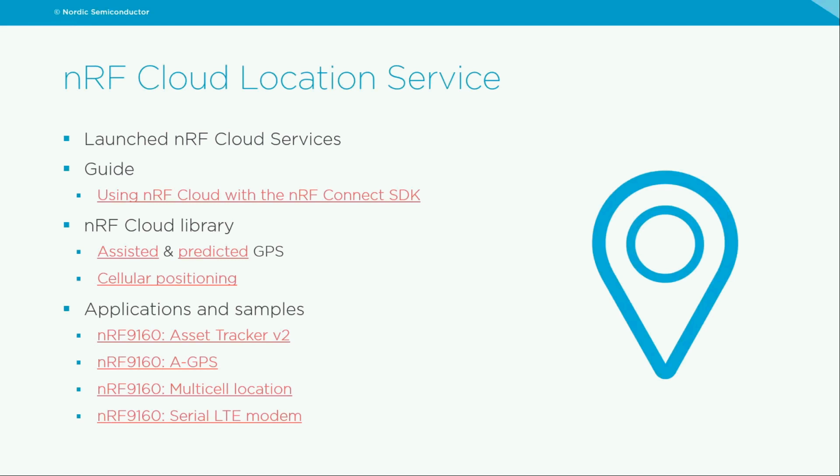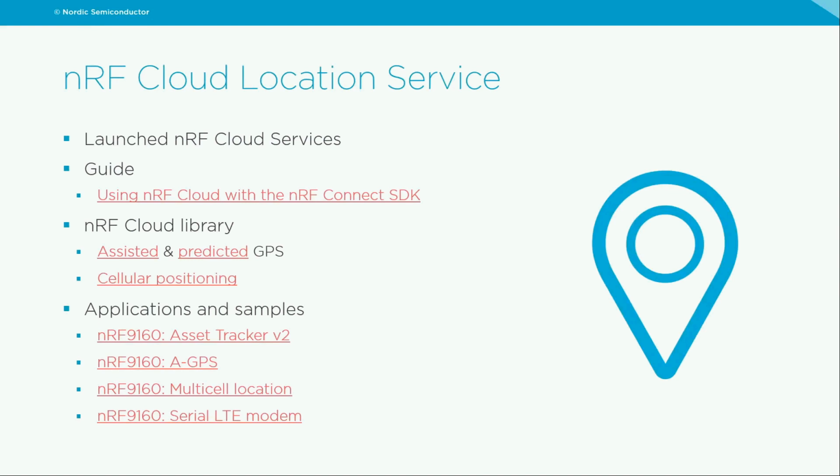Then we also have quite some examples, applications and samples using this service. First out is the Asset Tracker version 2. This implements an end-to-end asset tracker, so it's worth checking out if you are building your own asset tracker. We have a more specific sample for assisted GPS, which is called AGPS.